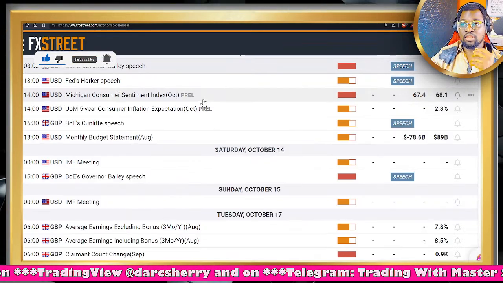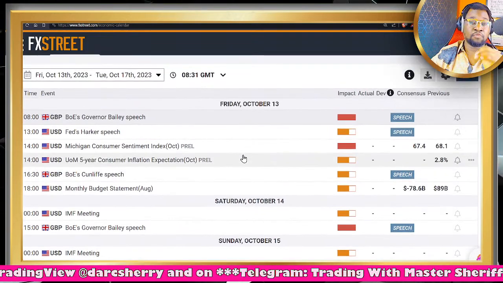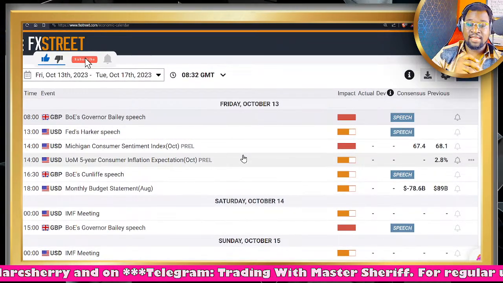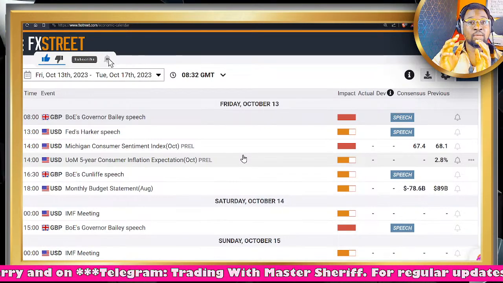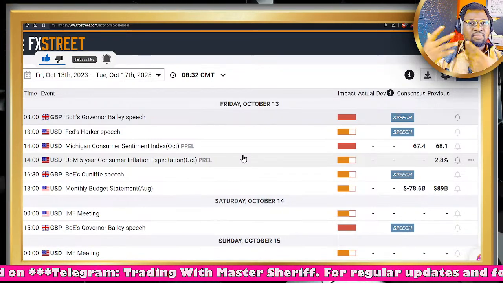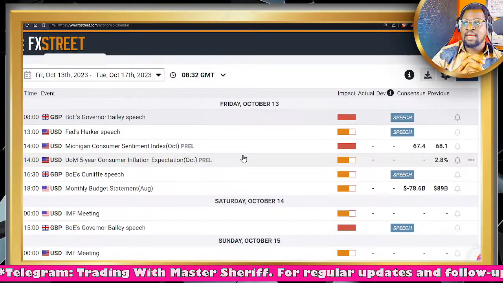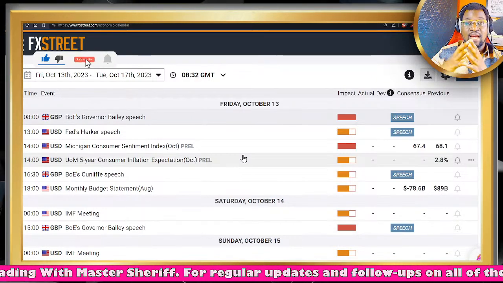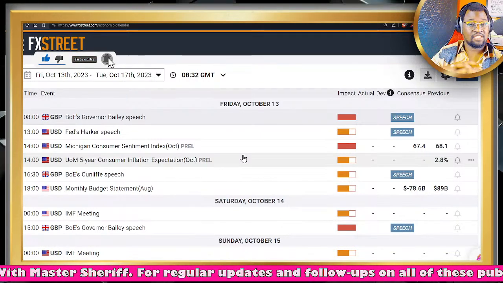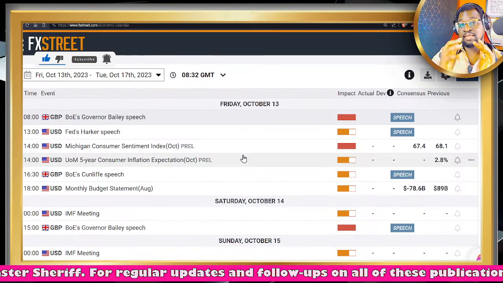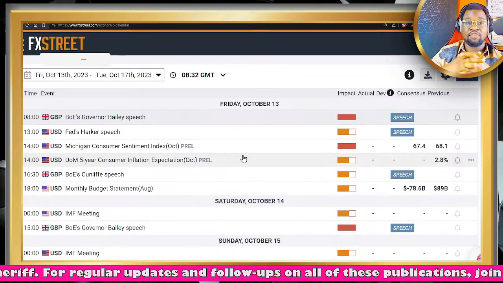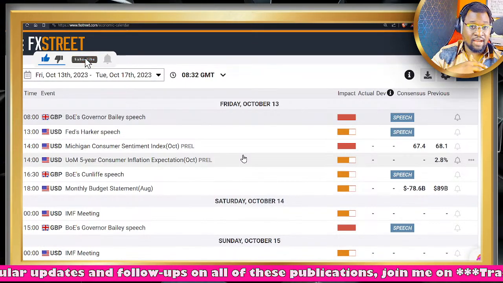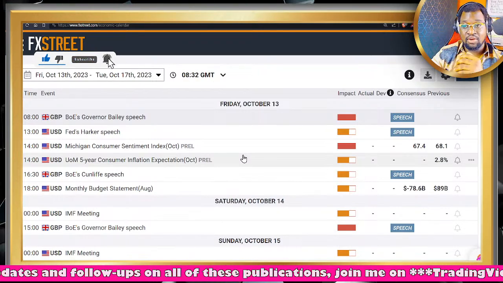Now, let's look at what the previous data said here for the month of September. If we look at the previous data, it says 68.1, which is a little bit on the high side anyways, but from economists' projection here, economists are having a consensus of 67.4, which is a little bit lower than the previous month, and this gives us a clue that the majority are expecting a contraction in that regard.